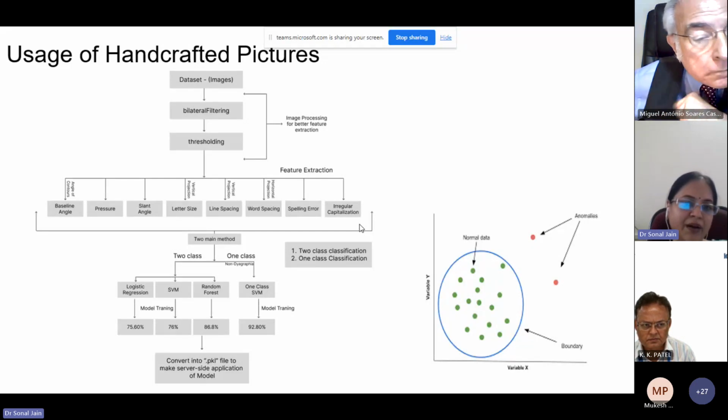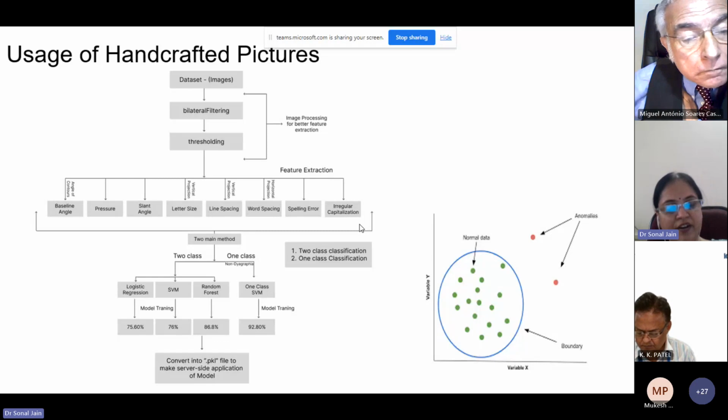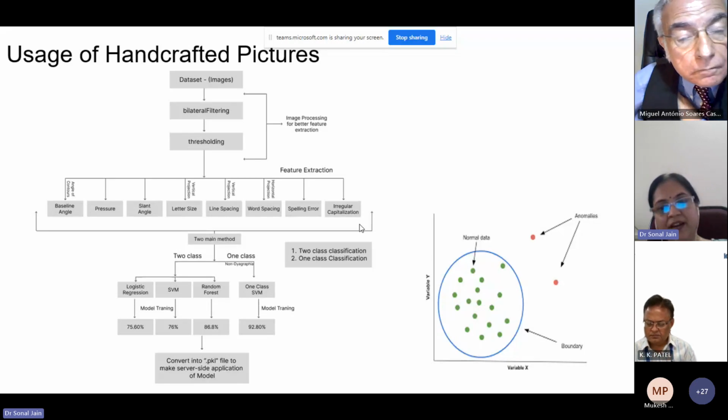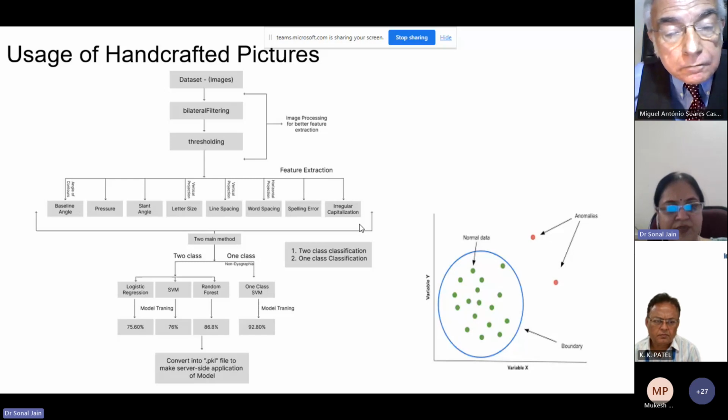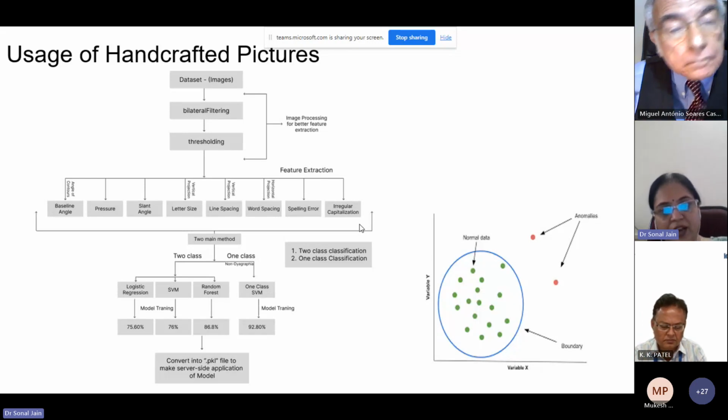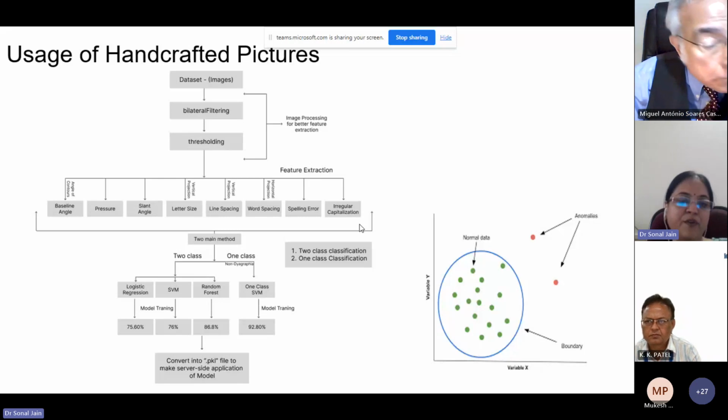We tried traditional machine learning methods like logistic regression, SVM, and random forest, which give pretty good results in many other areas. But we were not quite happy with that. And we came across one-class SVM, which is normally used in anomaly or outlier detection, where if a few samples deviate from the regular ones, one-class SVM performs quite well.